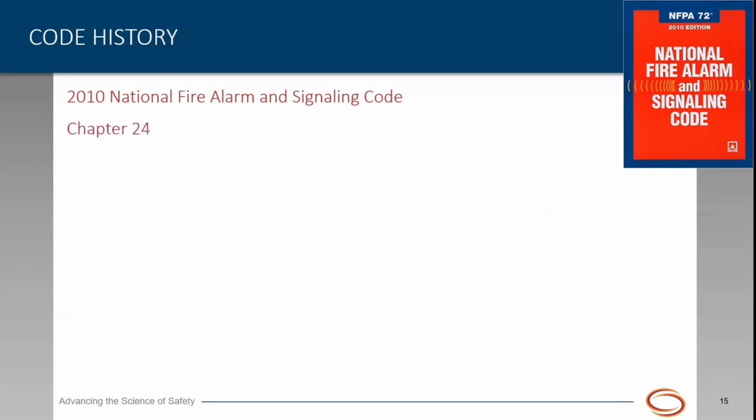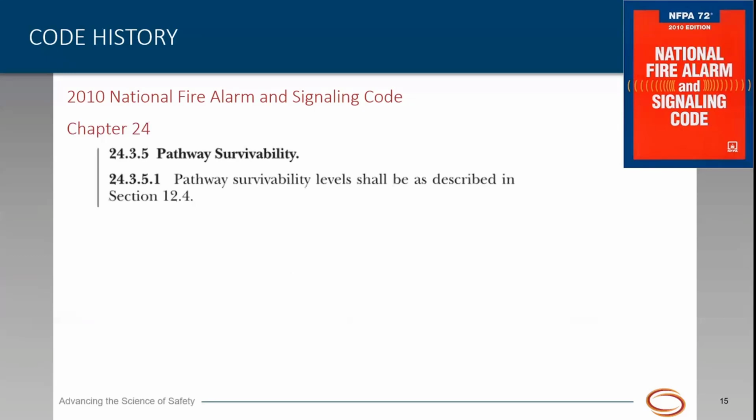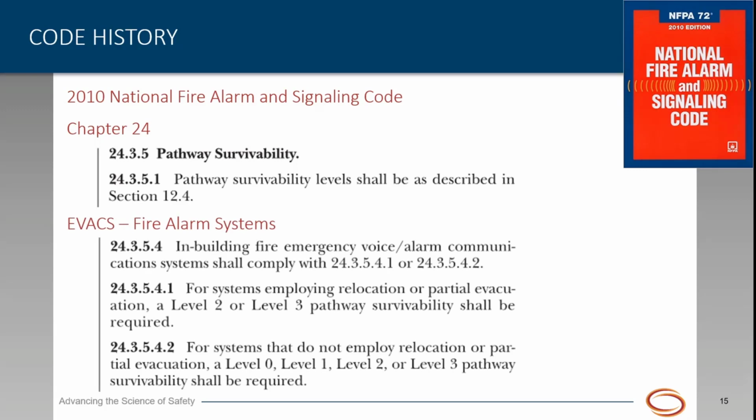So Chapter 24 defines that you must use pathway survivability as described back in Chapter 12, those four levels that we looked at. The requirements really start with EVACs, or our voice fire alarm systems, and it says very specifically if you're going to employ a relocation or partial evacuation strategy in your building, like you would see in a high-rise or other zoned building, you must use a level 2 or level 3 pathway survivability.